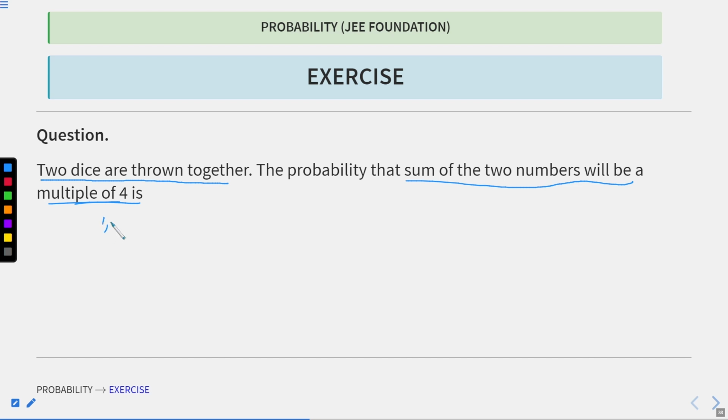So in the sample space: 1 1, 1 2, I am not writing commas, just writing 1 3, but it is understood that the comma is present here.